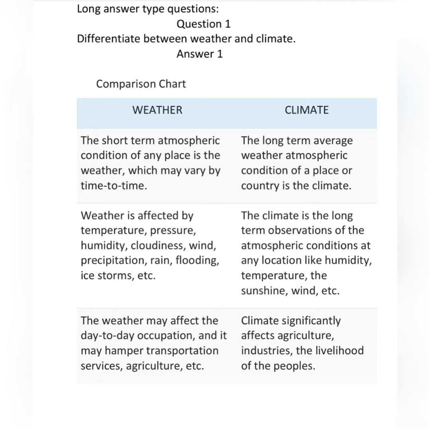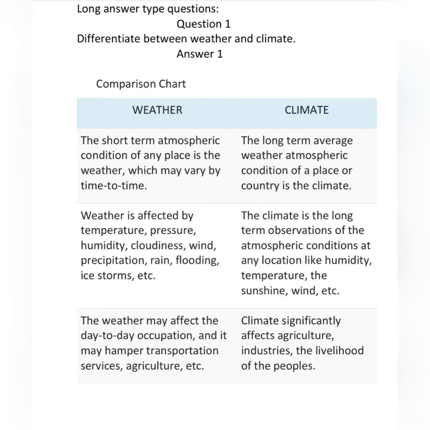And climate is the long term observation of atmospheric conditions of any location, like temperature, sunshine, wind, etc. Weather may affect day to day occupation and can hamper the transportation services and agriculture. Climate importantly affects agriculture, industries, and the livelihood of the people.